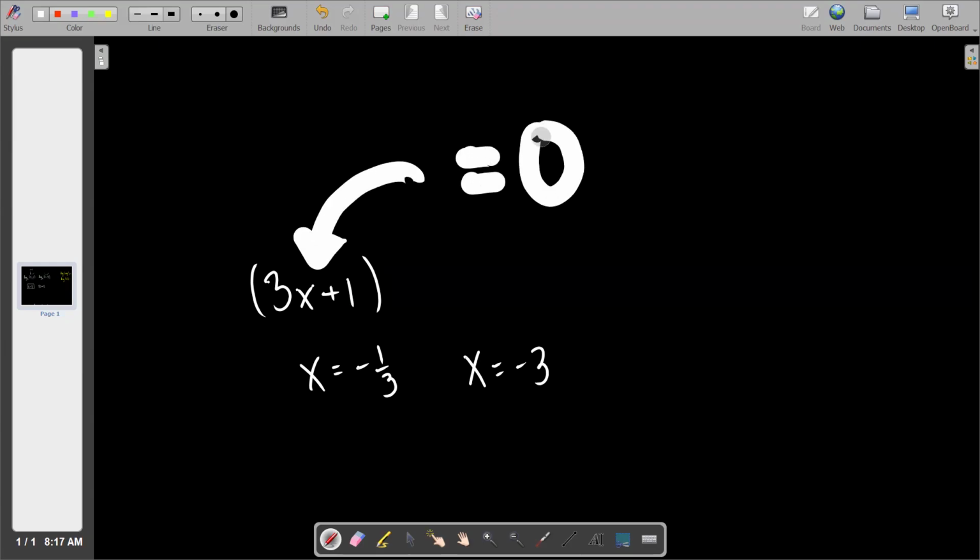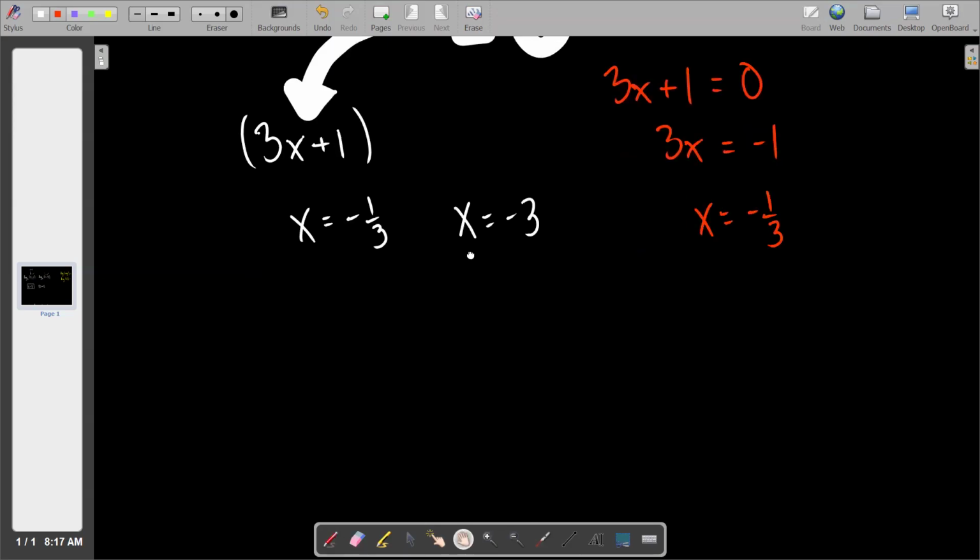That's what quadratics are all about. So if I want to make that equal 0, I just say, hey, 3x plus 1, I need you to equal 0. And if you watch yourself solve the equation, subtracting 1 first gives you negative 1. Then if you divide both sides by 3, that's where the fraction comes from. Better? Yeah. Okay.